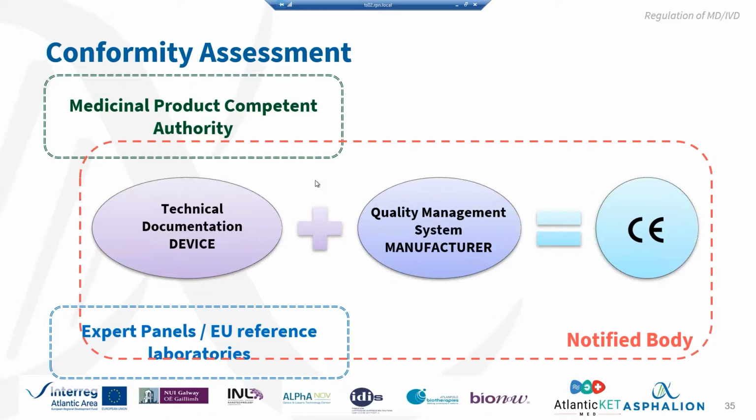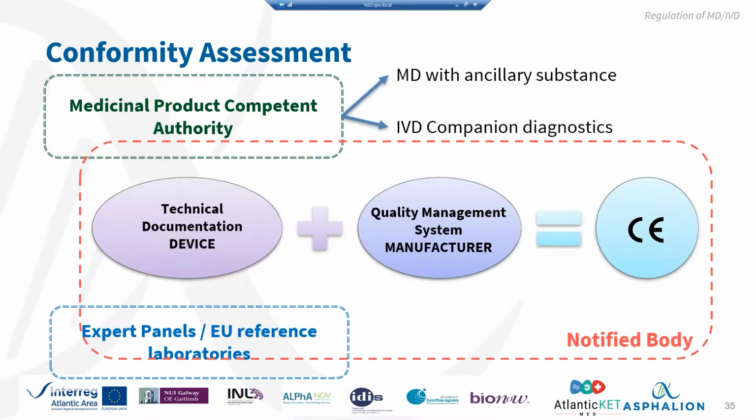But it will also involve expert panels or medicinal product competent authorities. Okay. Why? Because there are medical devices that, for instance, incorporate ancillary substances. There are these particular IVDs we were talking about before, that are companion diagnostics that require the action of a medicinal product competent authority.